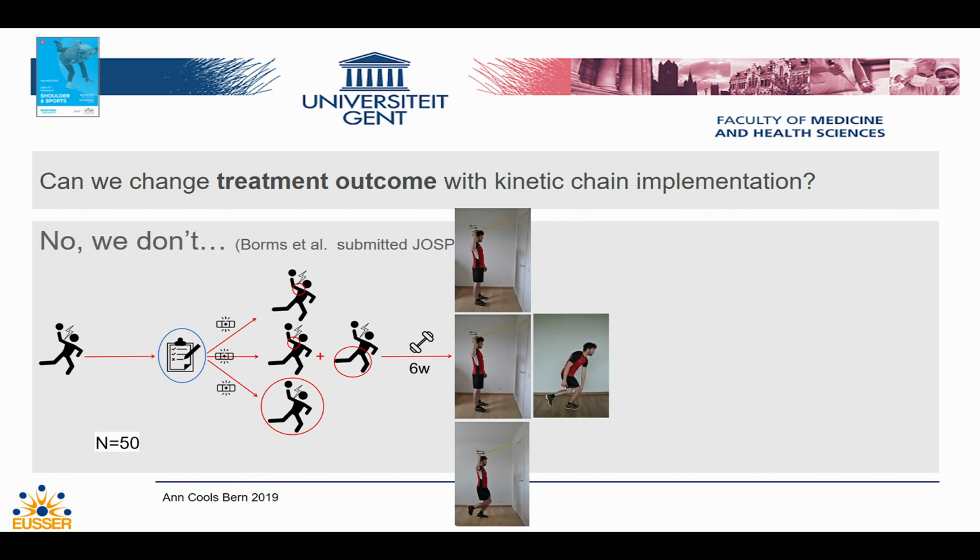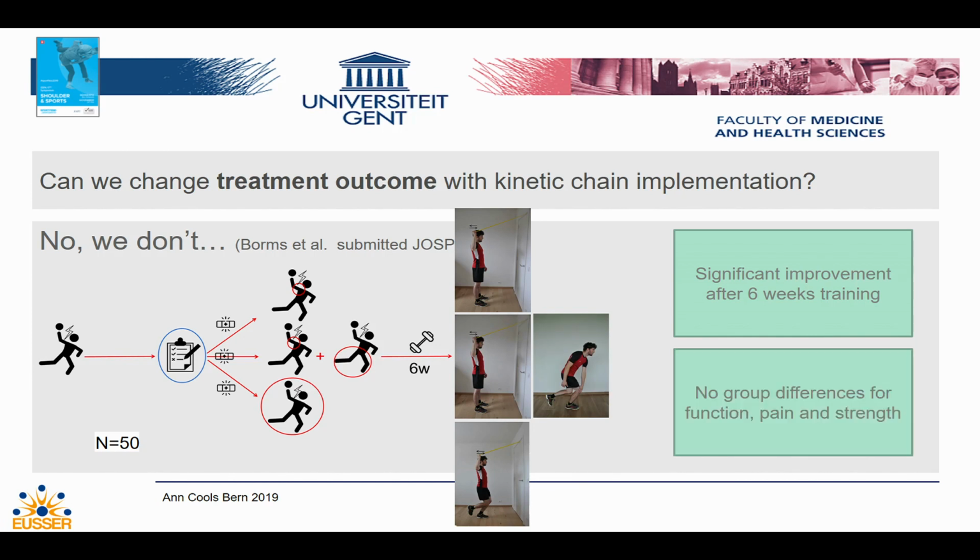And the third group did integrated exercises. So instead of doing an exercise like this, they had to do it combined with a squat. And the question was, did they get better? Well, they all got better because there was a significant improvement after 6 weeks training, but there was no group differences based on the classification, implementation or not of the kinetic chain.